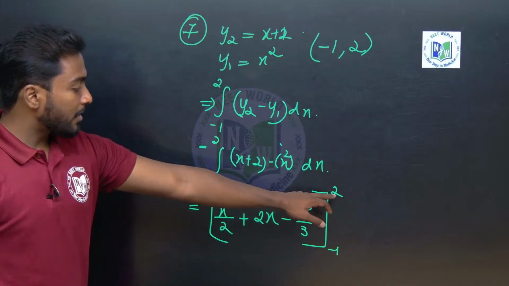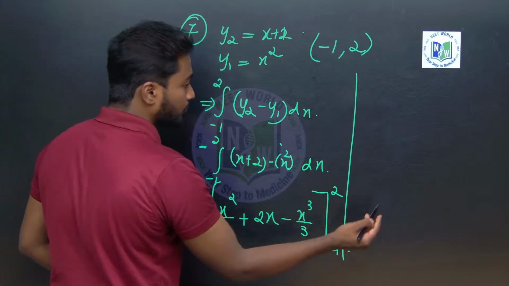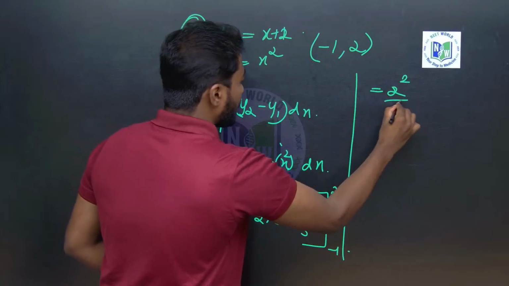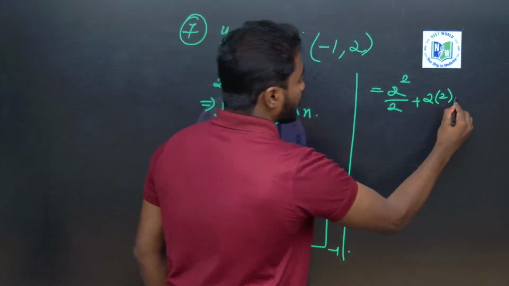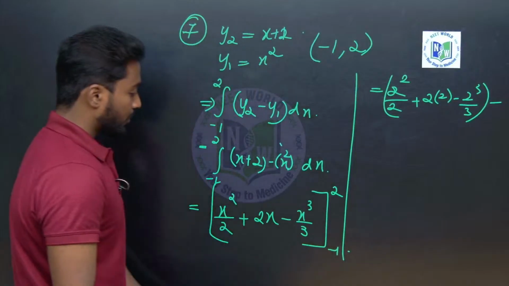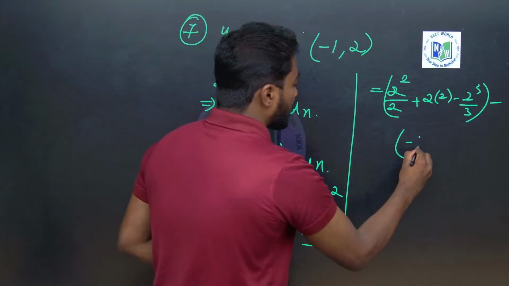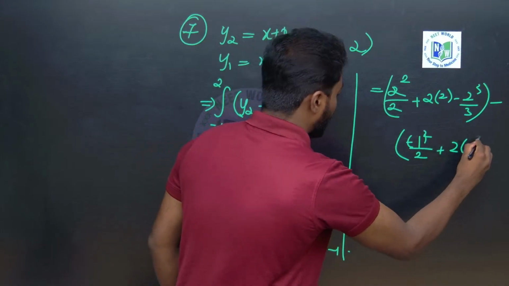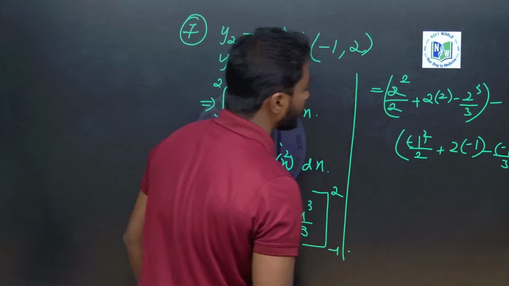If I take the upper limit 2 and apply it here, I will get 2 square by 2 plus 2 into 2 minus 2 cube by 3, minus, now the lower limit is minus 1: minus 1 square by 2 plus 2 into minus 1 minus of minus 1 cube by 3.